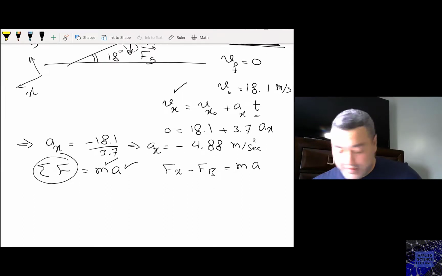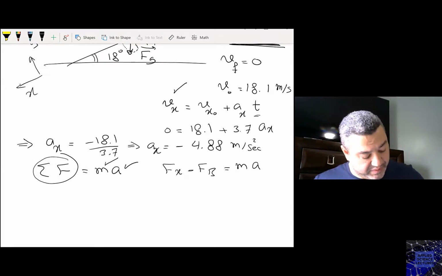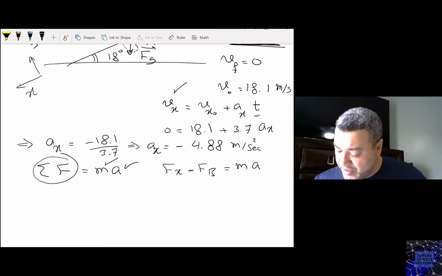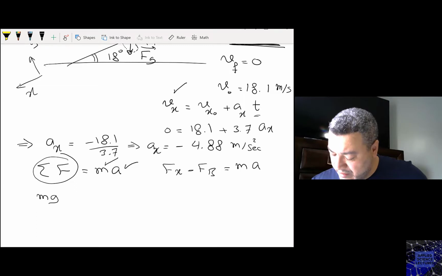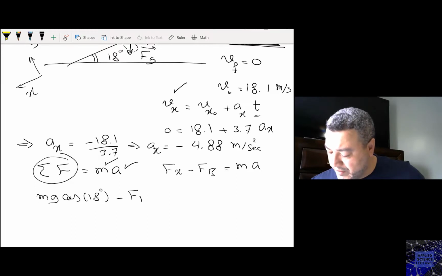So we said Fx is Fg cosine 18, which is mg cosine 18 degrees, minus Fb equals ma.